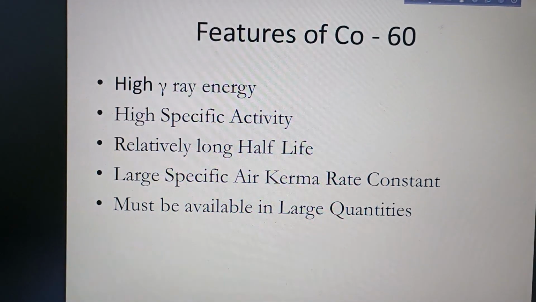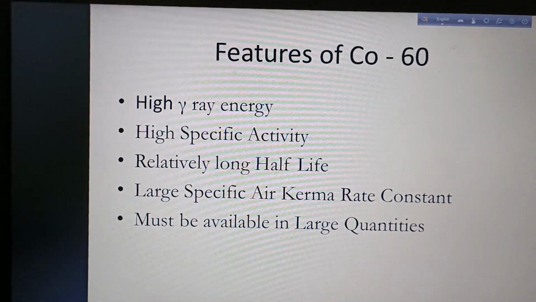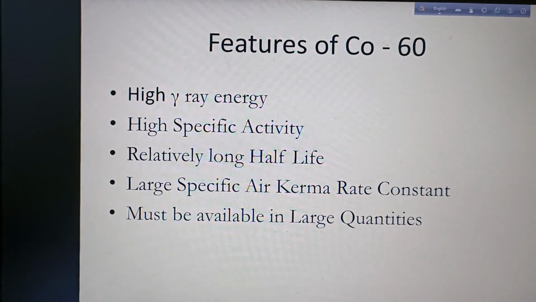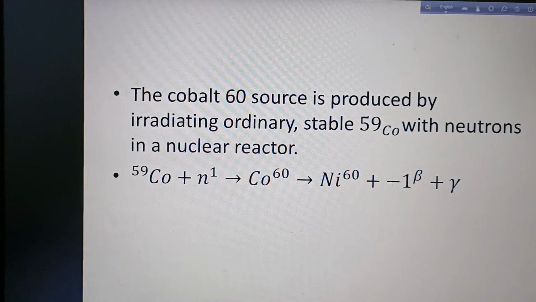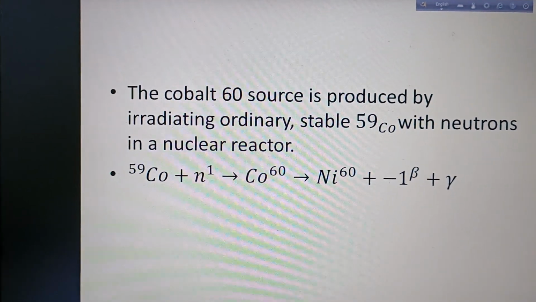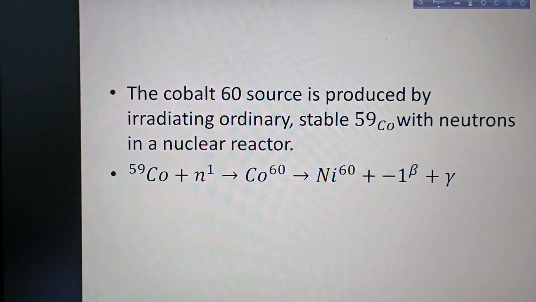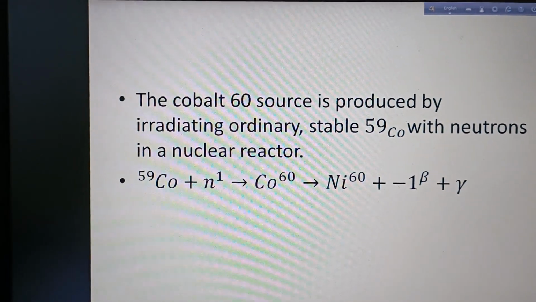High specific activity 200 curie per gram, and long half-life 5.27 years. Large specific air kerma rate constant. Okay, this is the equation, and this equation indicates how the cobalt 60 source is produced in a nuclear reactor.